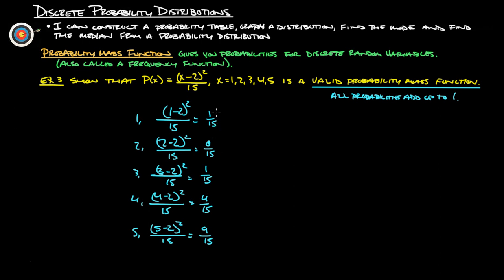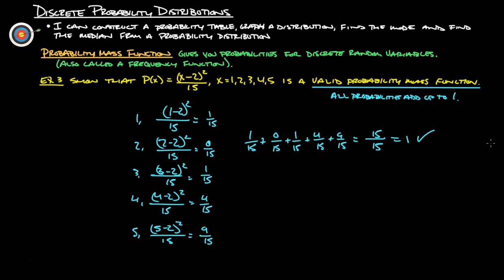So if we add all these up, we've got 0 over 15 plus 1 over 15 plus 4 over 15 plus 9 over 15. All the denominators are 15, so that makes it easy. And 9 plus 4 plus 1 gives us 15 over 15, which equals 1.